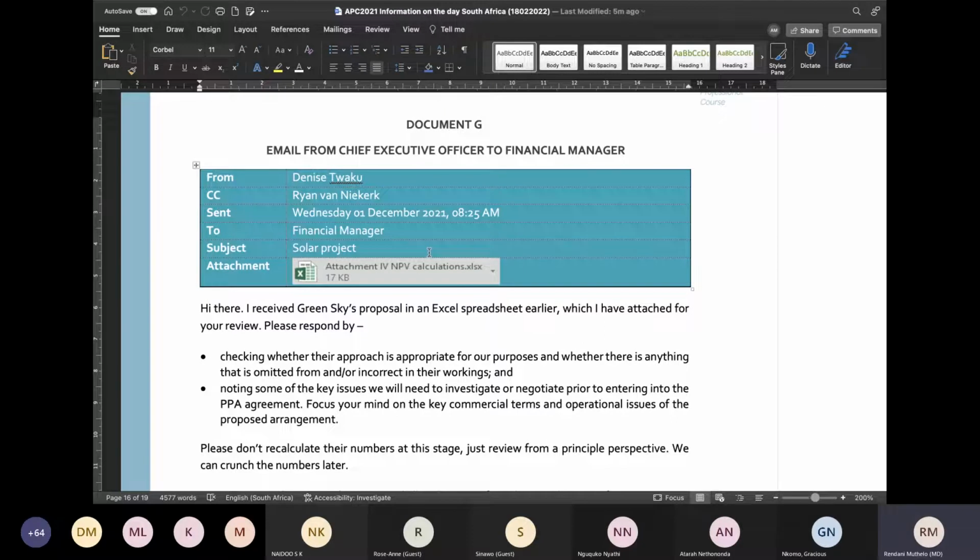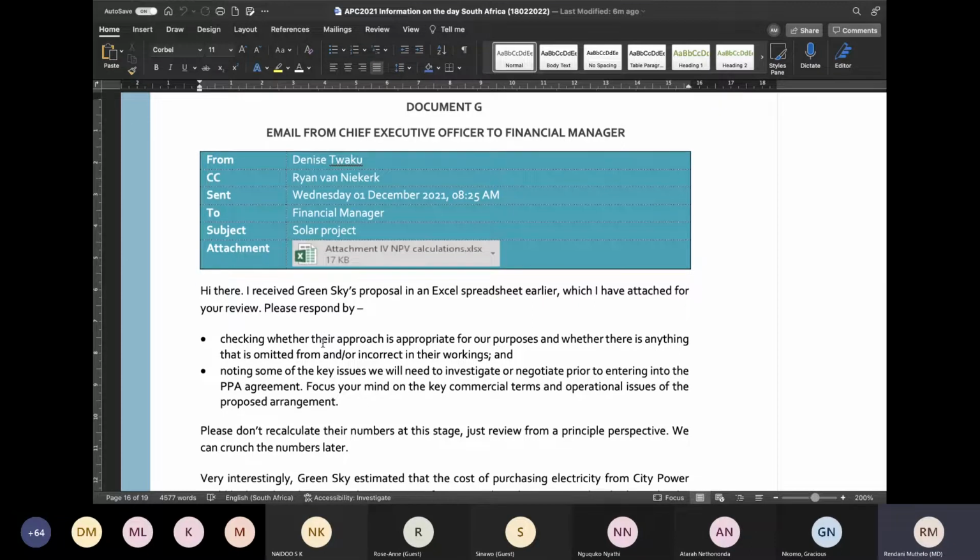So document G. We see that it's coming from Denise, and Denise is the same party that introduced this task to us when we were sitting in the PRI. So she's back now. She said, hi there, I received Green Sky's proposal in an Excel spreadsheet earlier, which I have attached for your review.